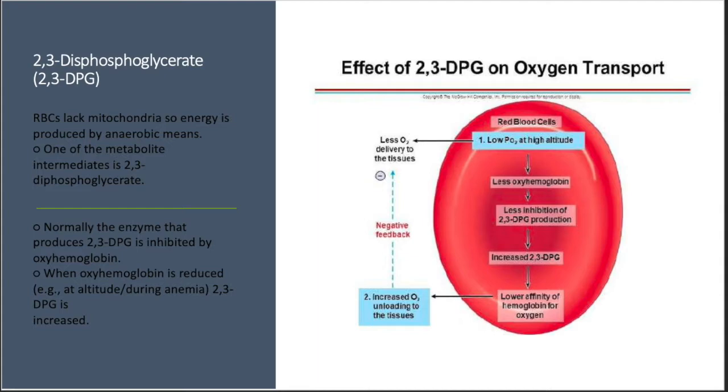This results in enhanced unloading of oxygen by hemoglobin and enhanced oxygen transport to the tissues encountering long-term hypoxia. So if a patient had been there for a while, larger amounts of 2,3-DPG, or the crowbar or the key, however you want to describe it and remember it, will be there to pry that oxygen off, or to give a bigger key so that you can get a larger amount of oxygen to those tissues.